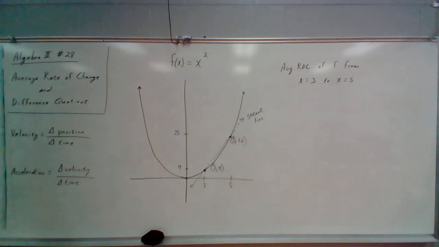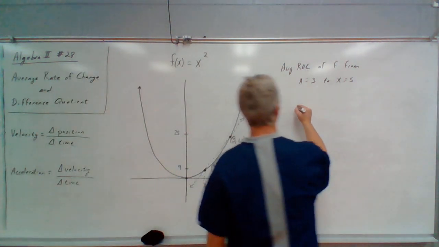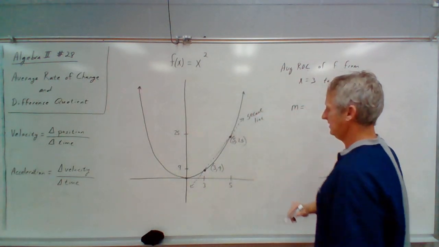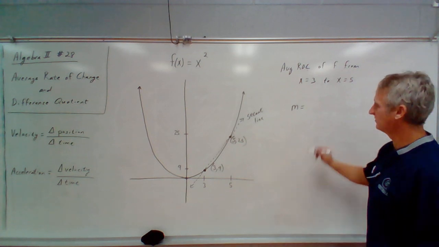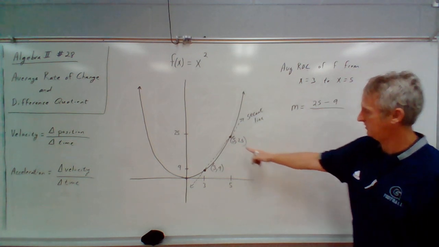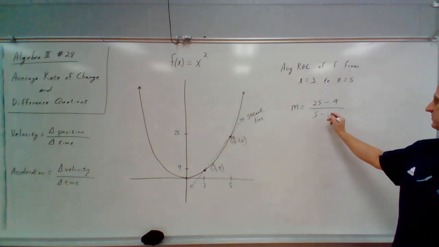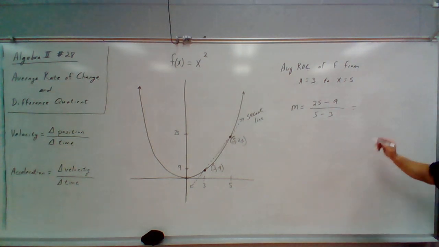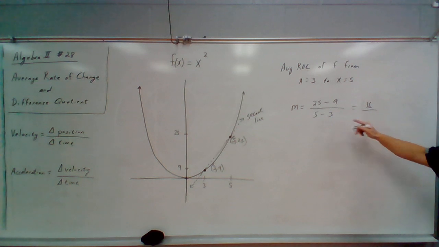I know how to find that slope. So that slope is y2 minus y1, so 25 minus 9 over 5 minus 3, x2 minus x1. 25 minus 9 is 16. 5 minus 3 is 2. So I get 8.